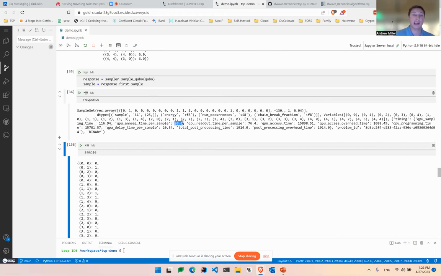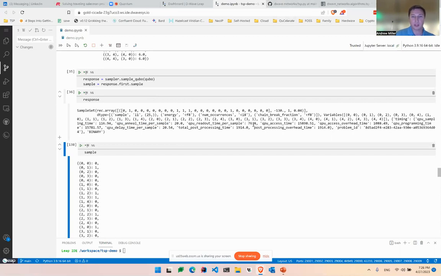But you can see, I think it's probably nanoseconds, but I might be wrong. Like I'm honestly not sure. And then per sample, right? So I think the default number of samples that it runs is 1,000, if I'm not mistaken.